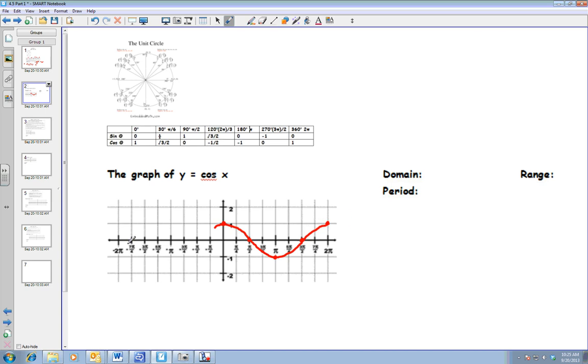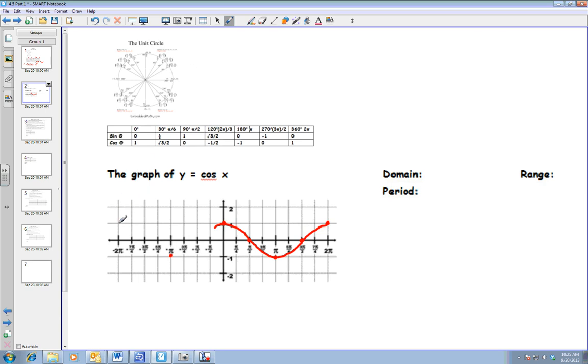And then if I go backwards and do the opposite, let's do -pi. So -pi is right here. So cosine at -pi, that's going to be -1. Cosine of -2 pi, that's all the way around.